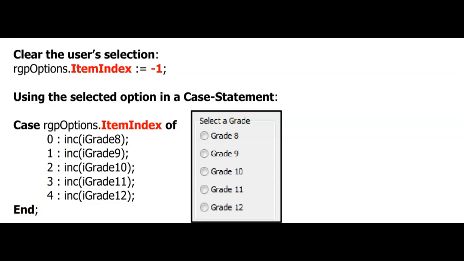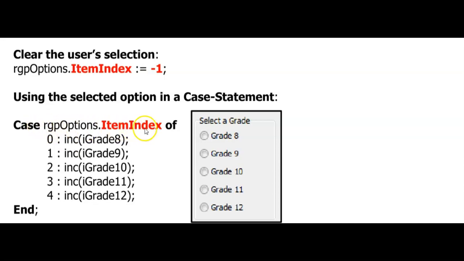In our previous lesson, you learned how to use case statements, and these case statements are often used with these three objects because the item index is an integer. And remember, in a case statement, between the case and the of, we have to have an ordinal value, either an integer or a char. So this creates the ideal place for us to use a case statement.